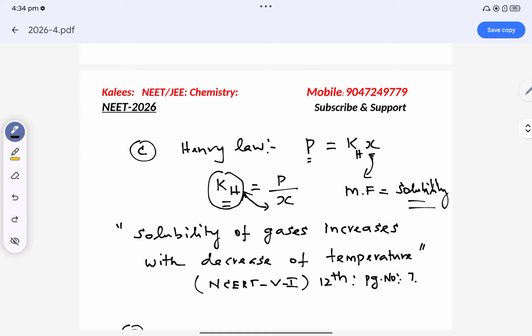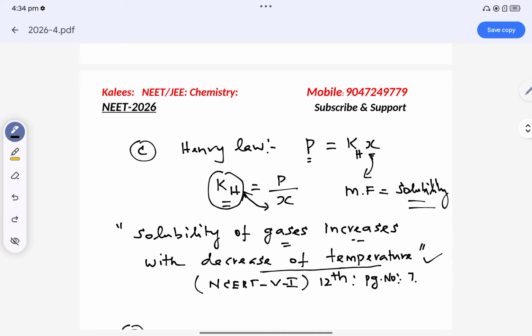So the statement is given: the solubility of gases increases with the decrease of temperature. This is the important word. The solubility of gases increases with the decrease of temperature. So aquatic species are more comfortable in cold water because of the lower temperature.